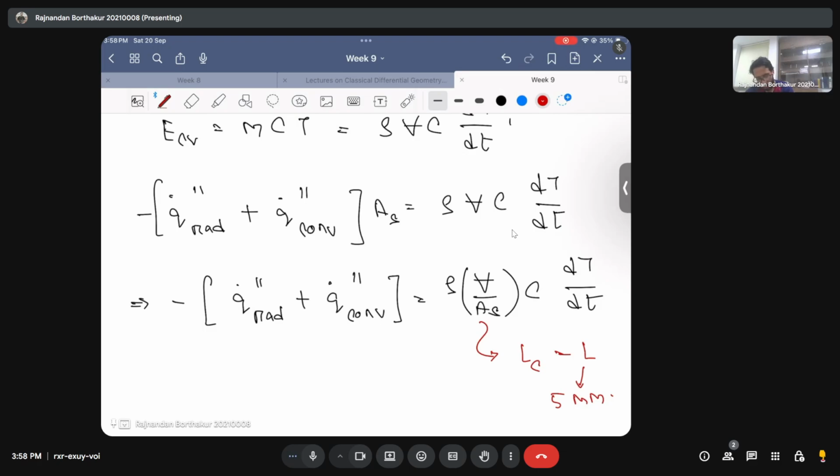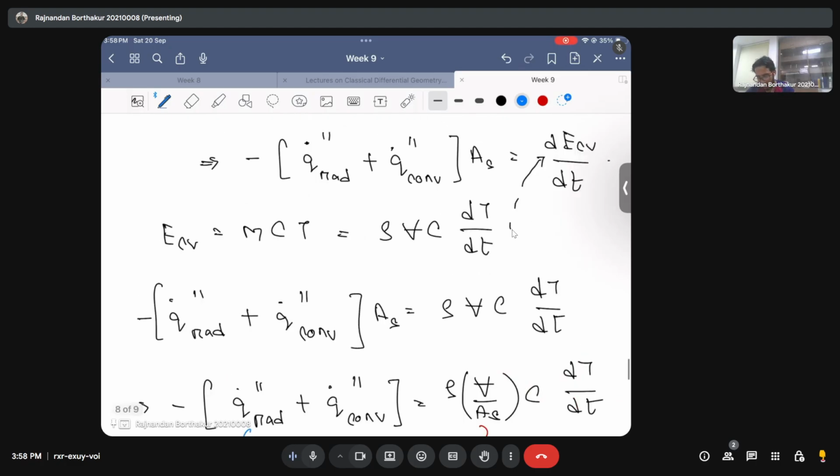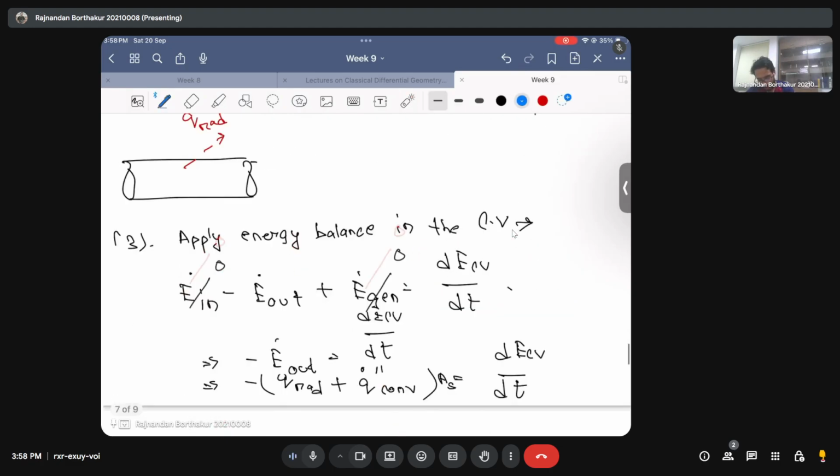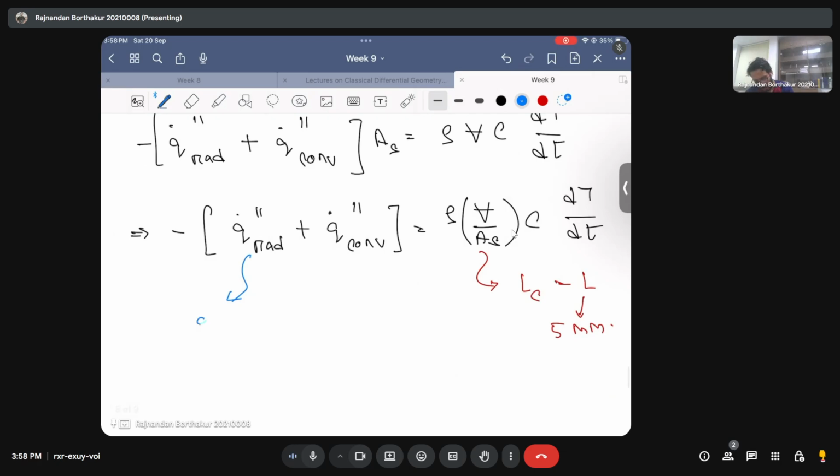Also, we know these quantities because Q dot rad is the net radiation exchange taking place. We know that this is equal to 963, which we have just evaluated here. And this Q dot convection we can easily evaluate from Newton's law of cooling, which is h infinity times the surface temperature minus T infinity. We know this, right?